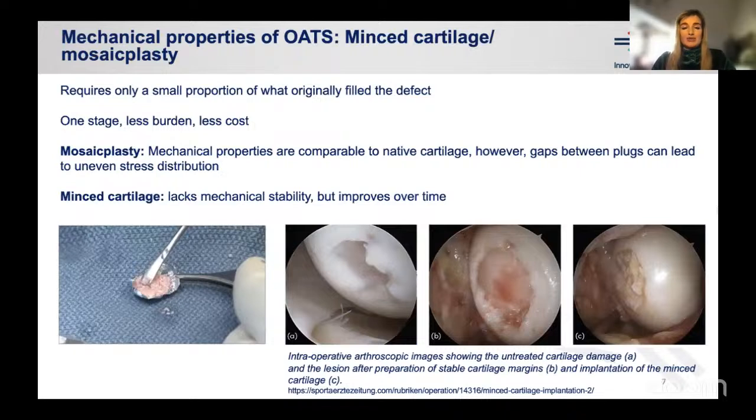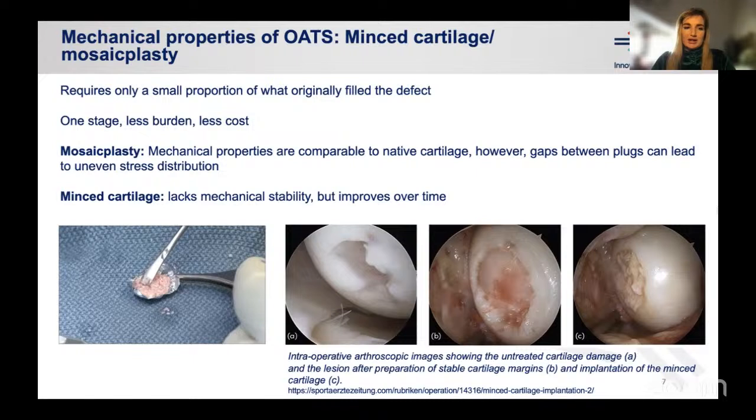Now, getting closer to the OATS. We know, as Dr. Ruhl already mentioned, that we can have a couple of mosaicplasty grafts, and their mechanical properties are very comparable to the native cartilage. Sometimes there is literature that claims that gaps between the plugs can lead to uneven stress distribution, which might lead to further defects.